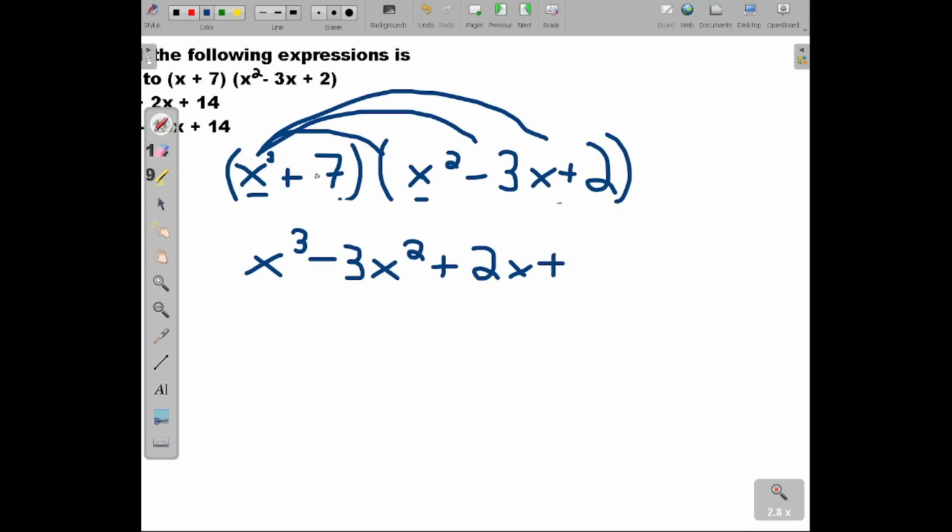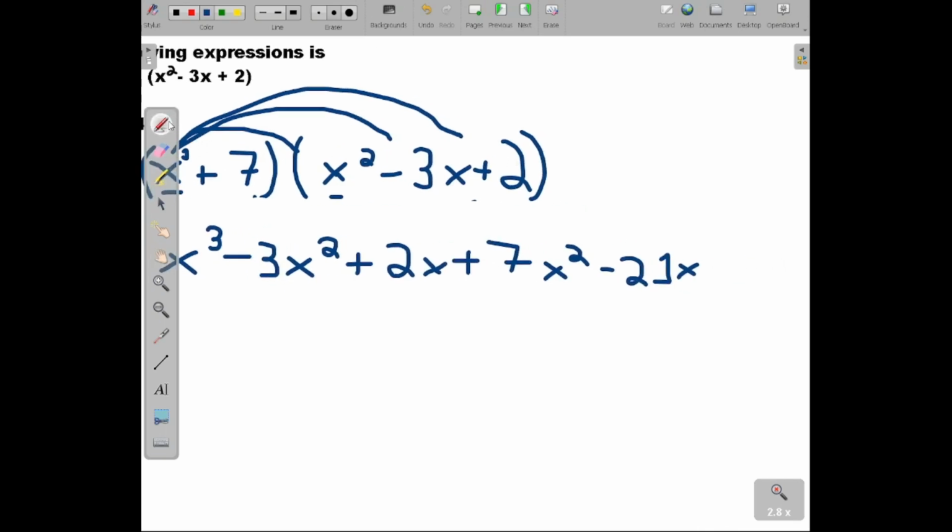Plus 7 times x squared is 7x squared. 7 times negative 3x is negative 21x. And finally, 7 times 2 is equal to positive 14.